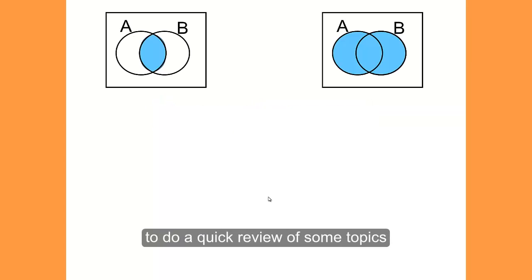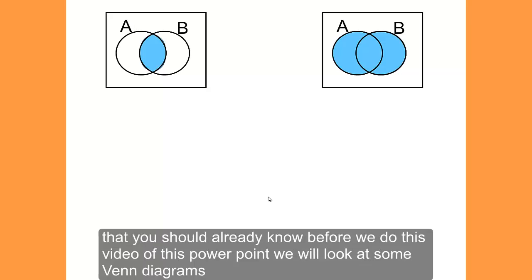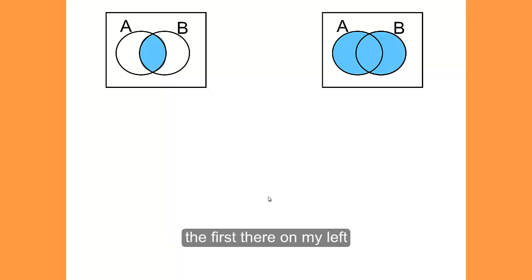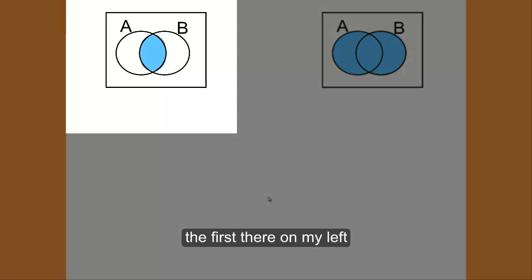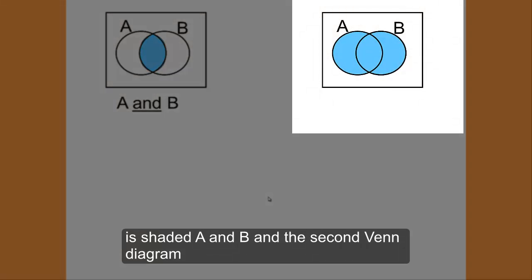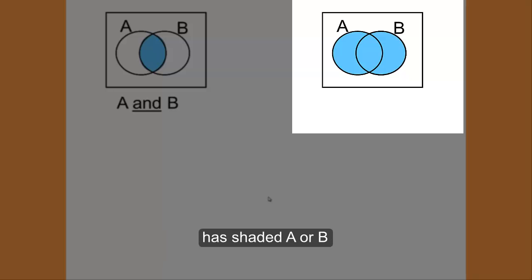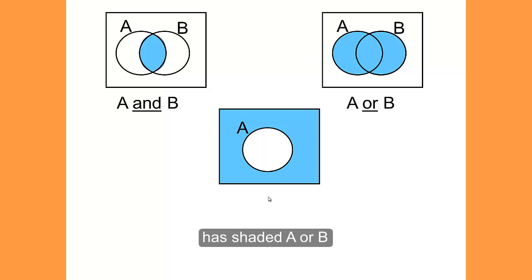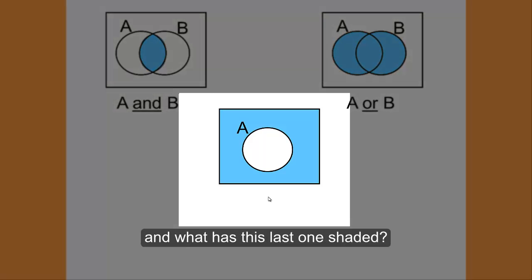To do a quick review of some topics that you should already know before we do this PowerPoint, we will look at some Venn diagrams. The first, there on my left, is shaded A and B, and the second Venn diagram has shaded A or B. And what has this last one shaded?